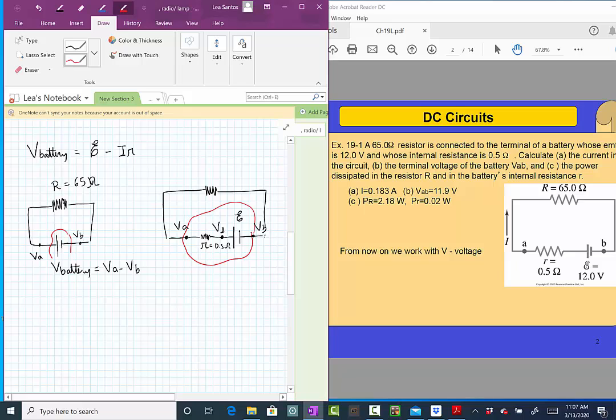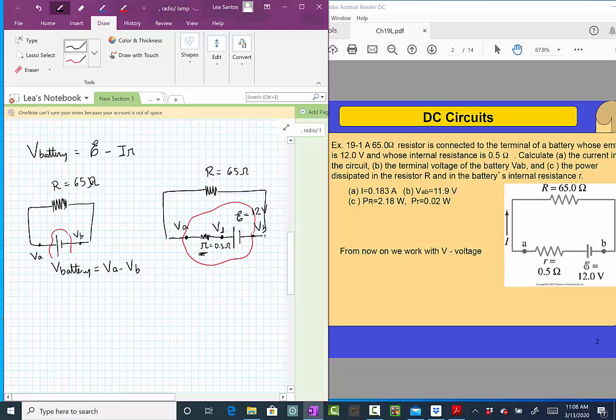Okay, let's see what the problem is asking us. Let's read the whole problem. We have this resistor, 65 ohms, whose battery has internal resistance 0.5, there is our little resistance here, and whose EMF is 12 volts.